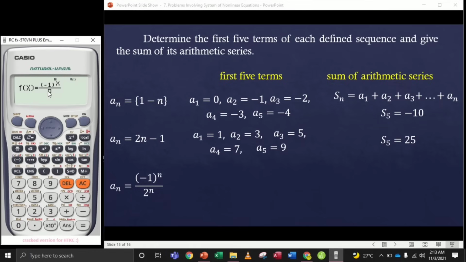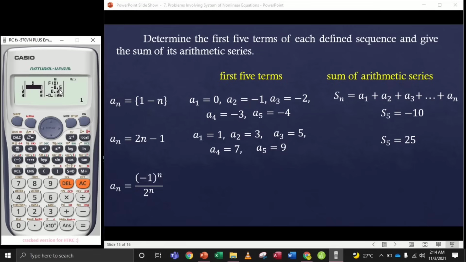And then, dito sa baba, 2. Tapos, exponent ulit, alpha x. And then, shift, then calc. Then equals. Start natin 1, end natin is 5. And then yan, yung table.